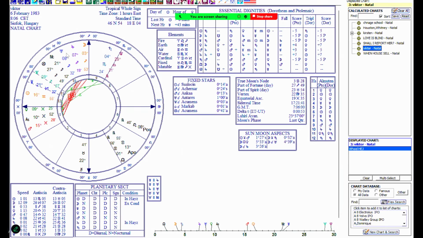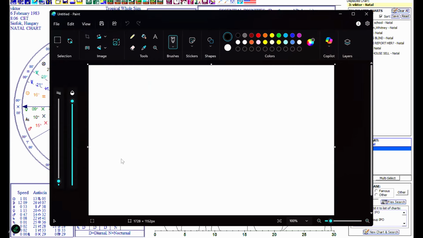So let me do a paintbrush and I'm going to try to do it as well as possible. Okay. So I'm going to put Jupiter right on the top here, because that's the final dispositor. It's a planet that is in rulership. Then underneath, we would have Venus. Then we would have Mars.